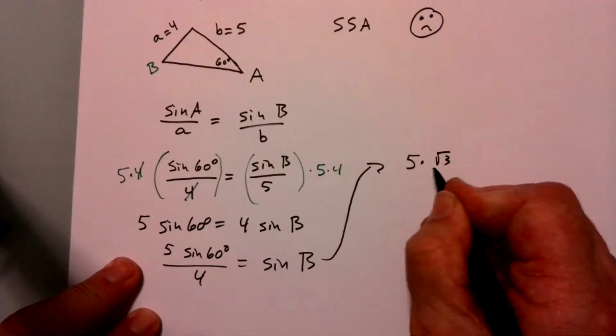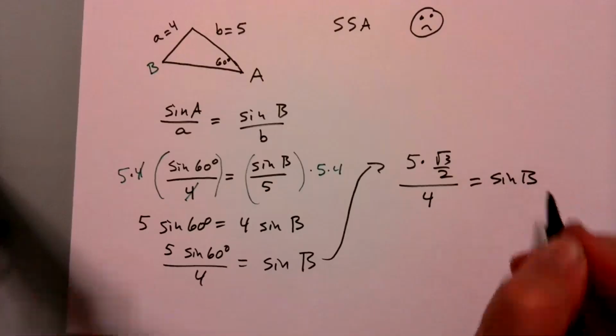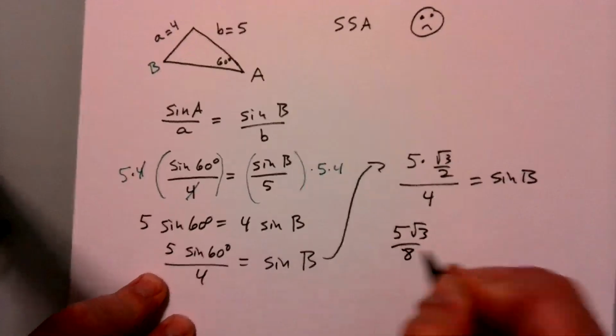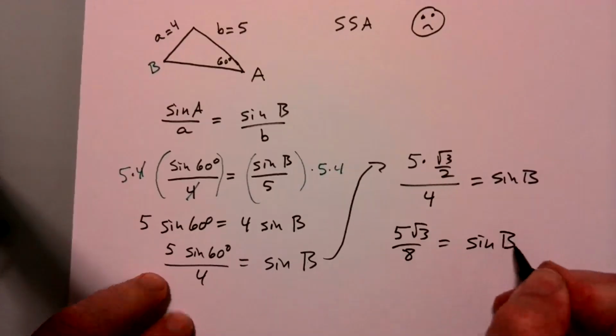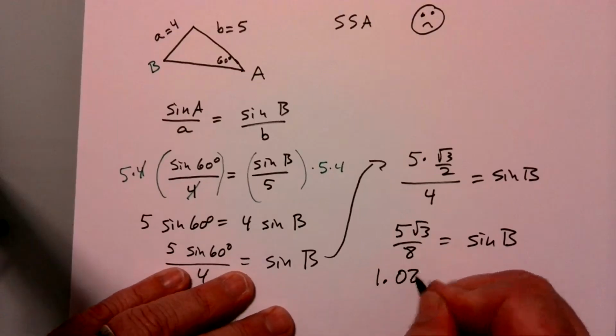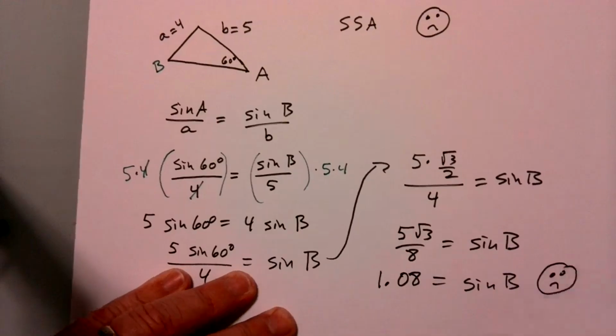So I get 5 times root 3 over 2 divided by 4 is sine B, which is 5 root 3 over 8 is sine B. Now I would like to have a calculator. So I'm going to pull it out and see what is 5 root 3 over 8. 5 times the square root of 3 divided by 8 is 1.08. 1.08 equals sine B.